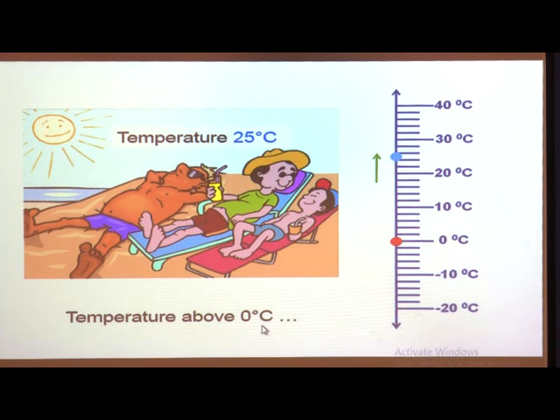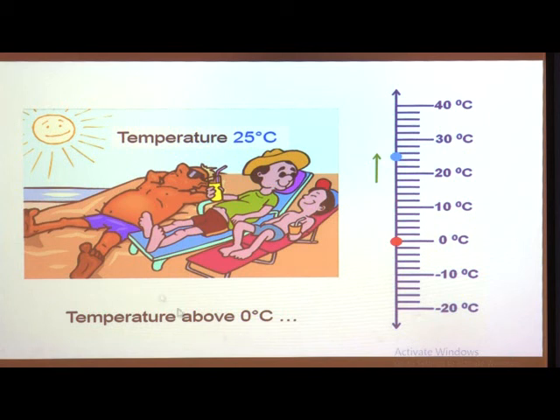And in the places where snow falls, what will the temperature be there? Oh, it is in minus. For example, what could be the temperature of Siachen? Siachen is a place where snow falls heavily. So, what could be the temperature there? It is in minus, but you don't know. Okay, so let us see in detail.